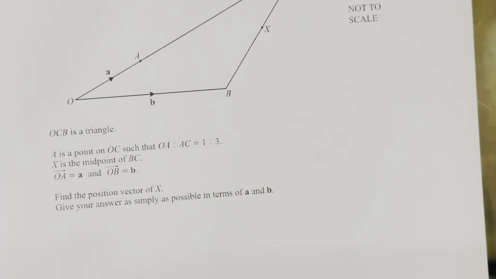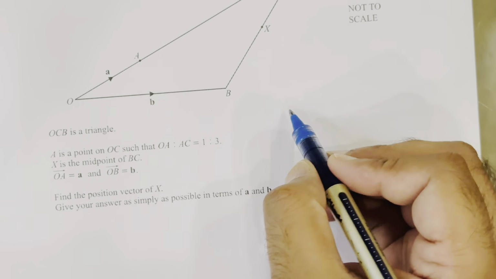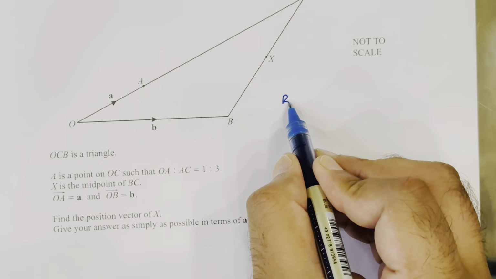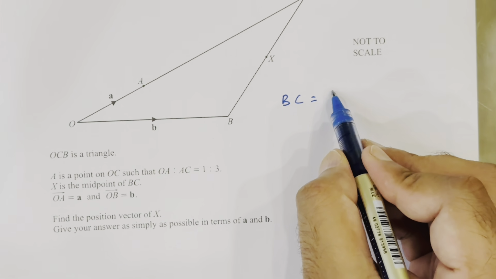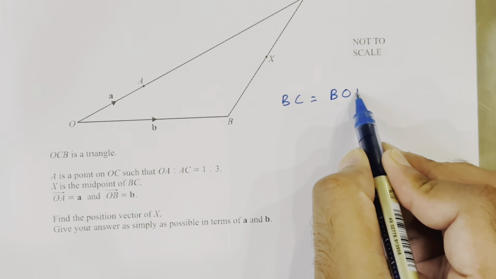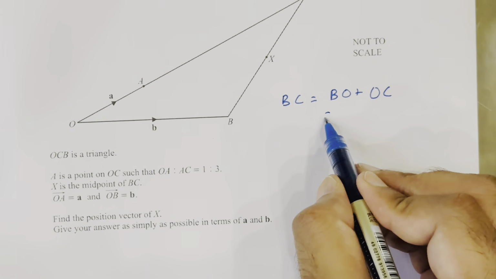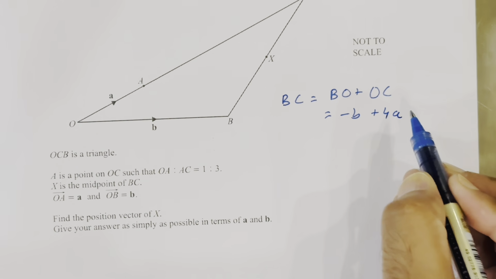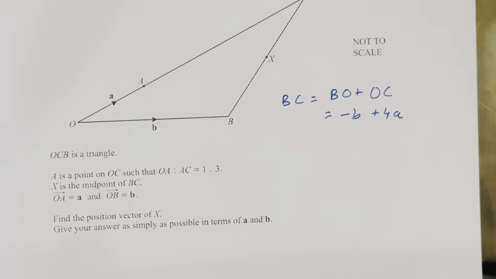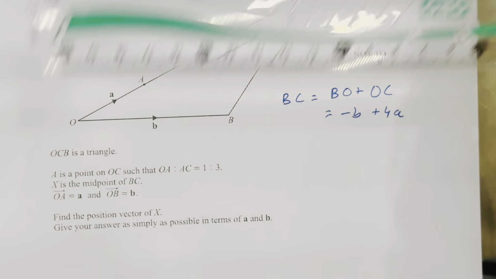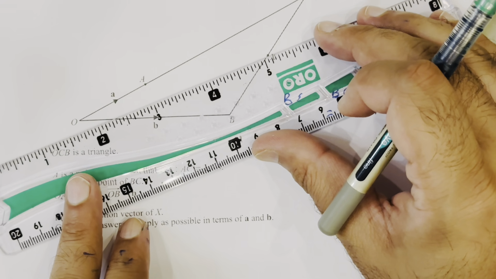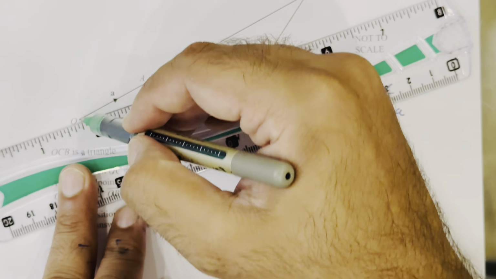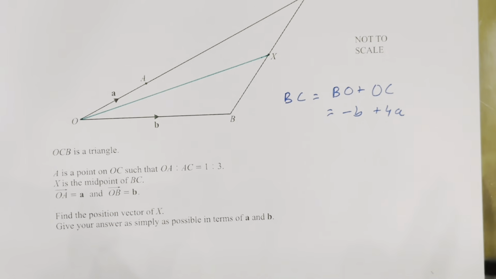Okay. We know that BC. Okay, I'm solving here so you can see the answer and question as well. BC is equal to BO plus OC, and BO is the value minus B plus 4A. Now BX, we know that BX, first we have to join O with the X, and X is the midpoint of BC.